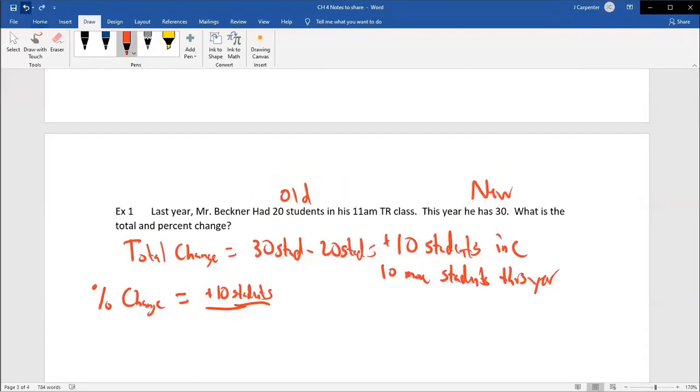And the old was the original, the 20 students. 10 divided by 20 is a half, 0.5, however you want to write it. The students as units cancel. So we get 0.5. Converting that to a percentage, though, is 50%. And that's an increase because it's positive. So we can say that Mr. Beckner's class size increased by 50%.